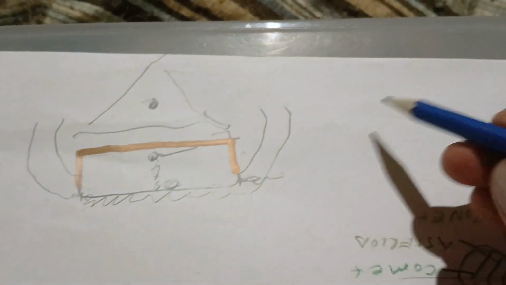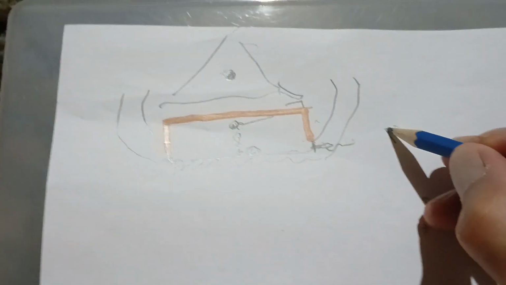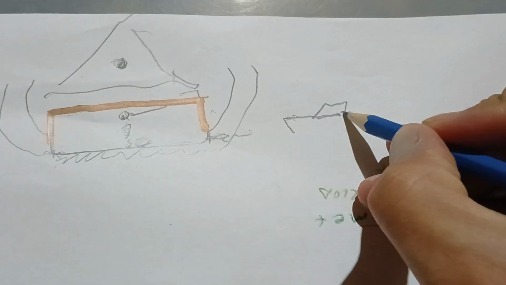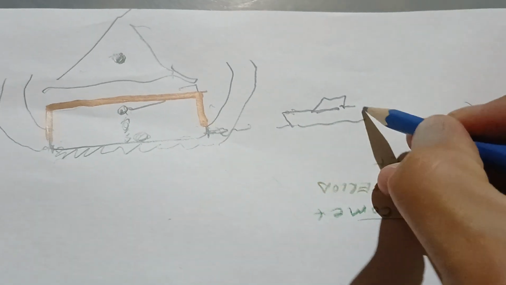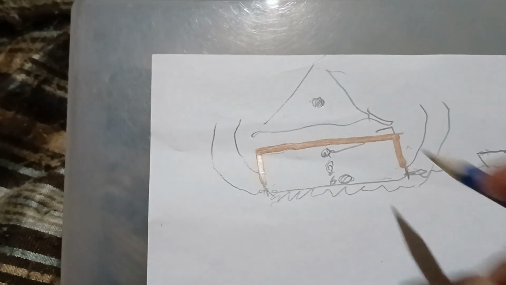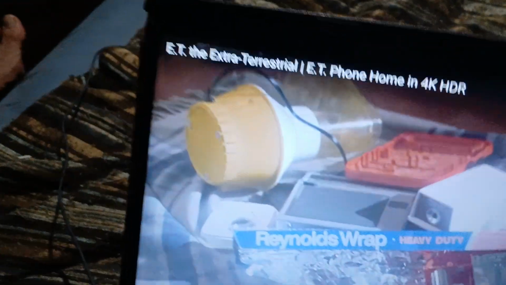So, what we need to do is we need to get a submarine like this. And then we need to do what they want here, that's the X-ray technology here.